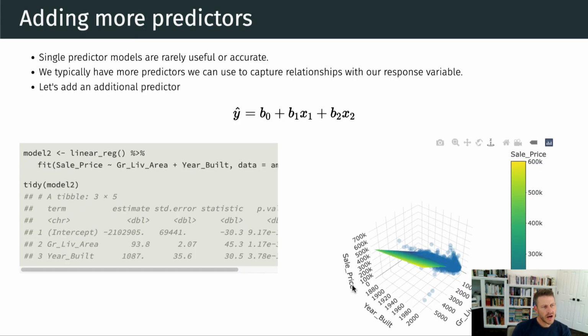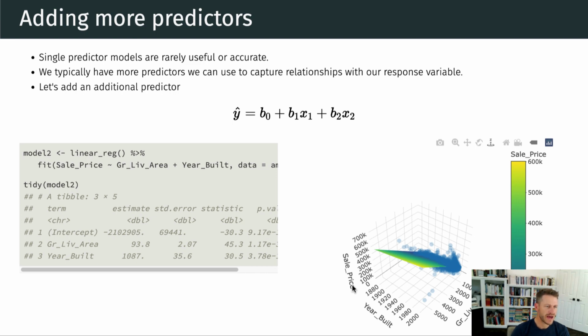All right. However, single predictor variable models are quite rare. We almost always have more information we can use. So lots of times we want to add additional predictors or predictor variables in our model. And we can do that.